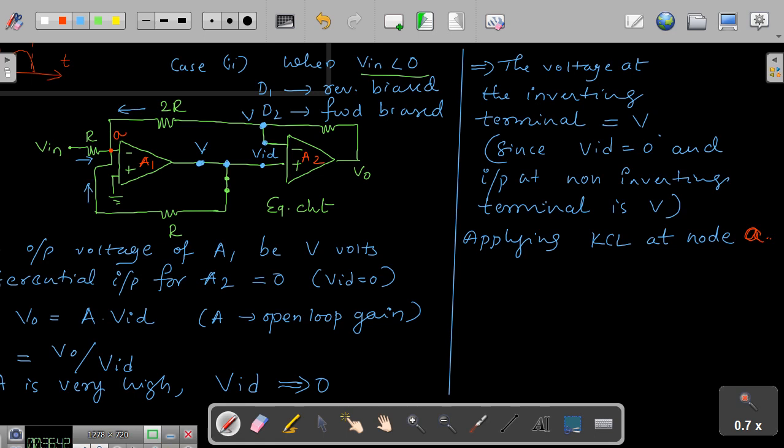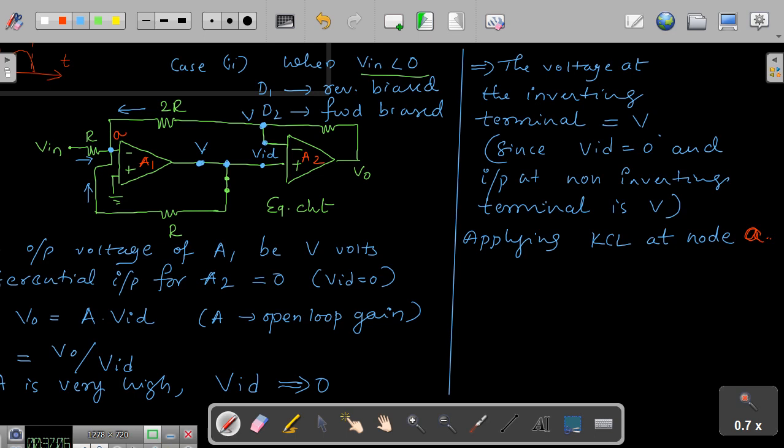There is one more R. So how do you apply the KCL? Can somebody tell me quickly? If you consider this point, the current is entering here, here and here. Can you give me the expressions for the current?